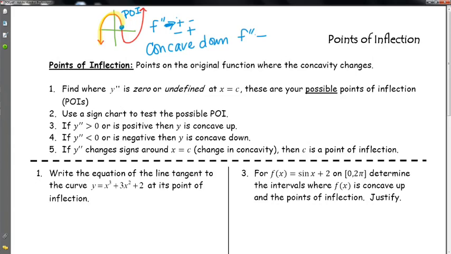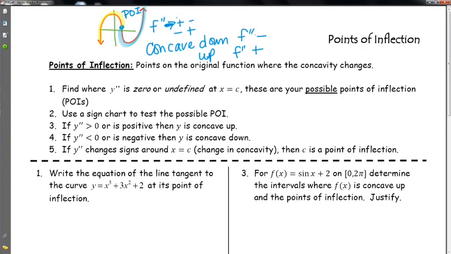If it is concave up, let me change colors here, that means your second derivative, f double prime, is positive. Okay.